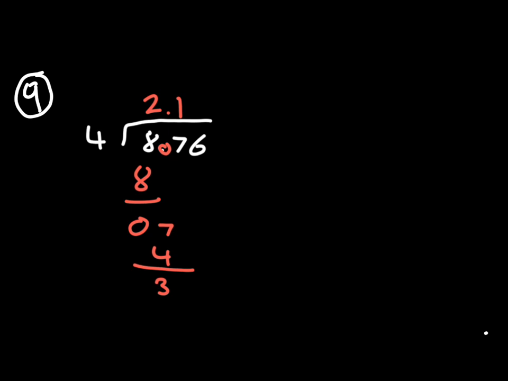Carry the 6 down. 4 goes into 36 9 times, and 4 times 9 is 36. And as we know, 36 minus 36 will just give us 0. And we've got no numbers left to bring down. So therefore, our final answer for question number 9 is 2.19.